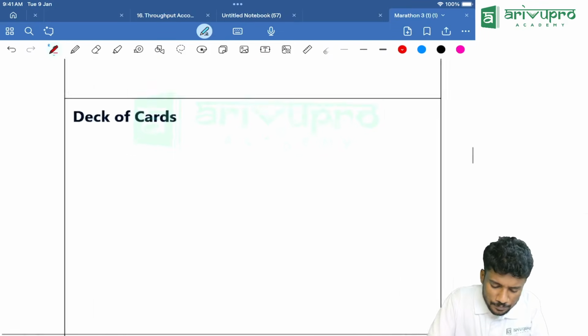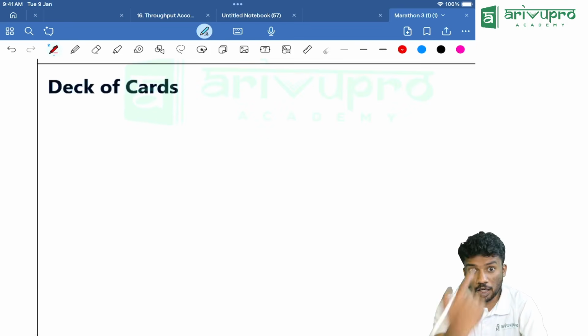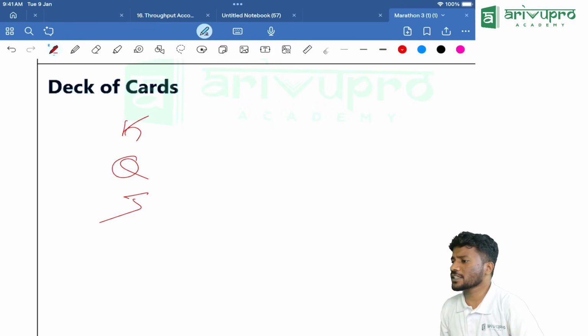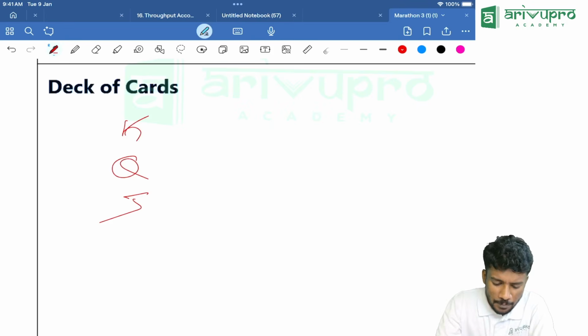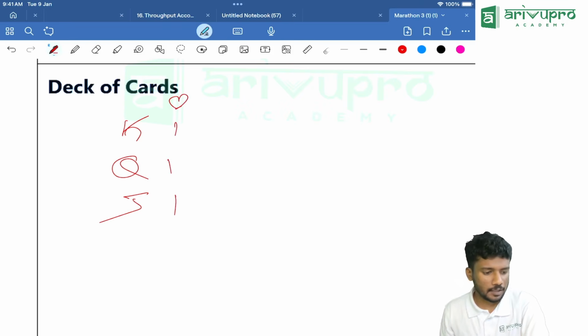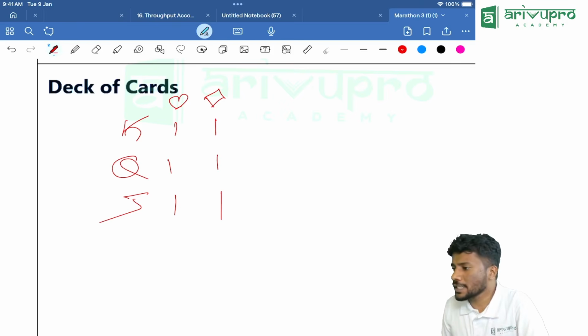Yeah. Now, deck of cards. How many face cards are there? Just remember, King, Queen and Jack are the face cards. From heart, there is 1 King, 1 Queen, 1 Jack. Then from diamond, how many are there? 1 King, 1 Queen, 1 Jack.